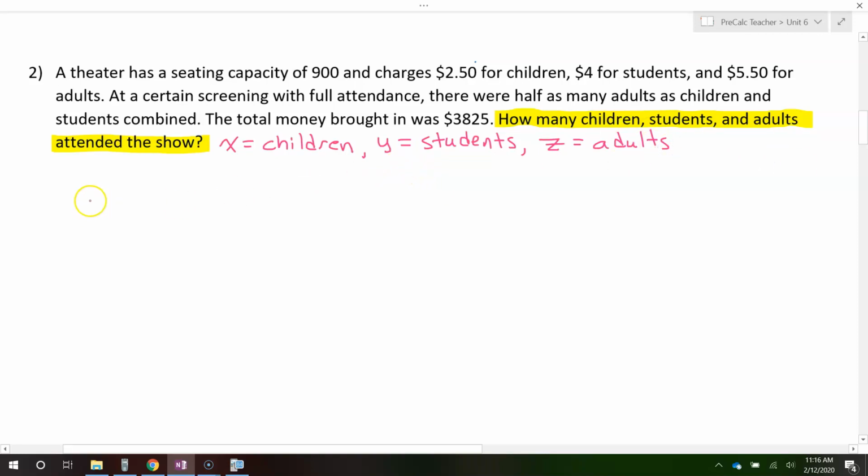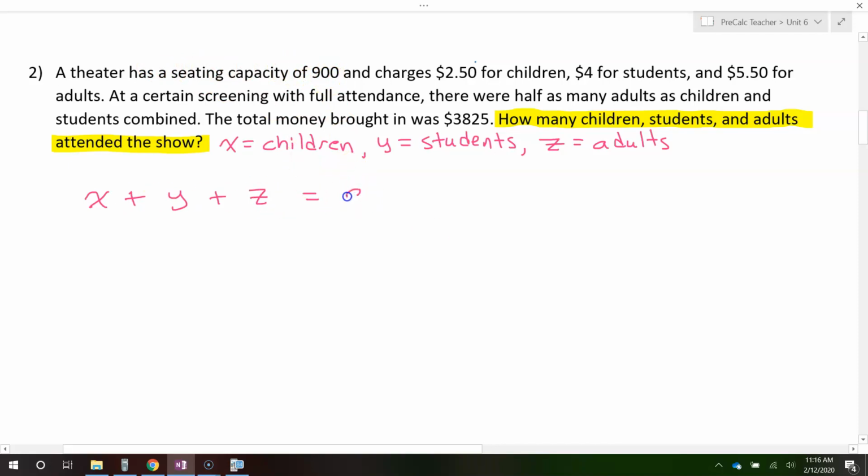All right, so the first equation is going to be rather simple. It's just going to be an equation of the total amount. So we know that x plus y plus z, that's the total number of children and students and adults. If you add those all up, it was a full house and the capacity was 900.